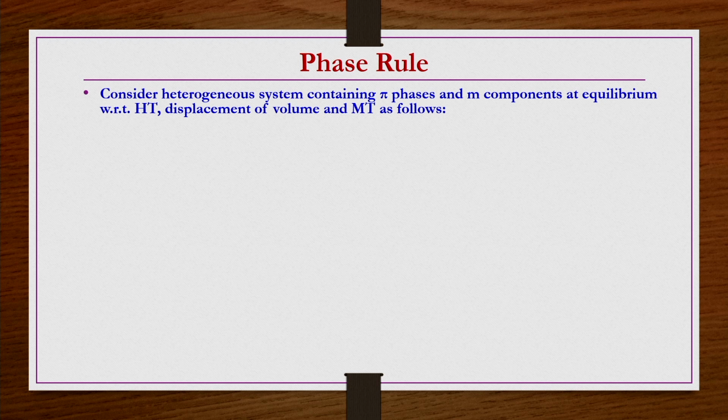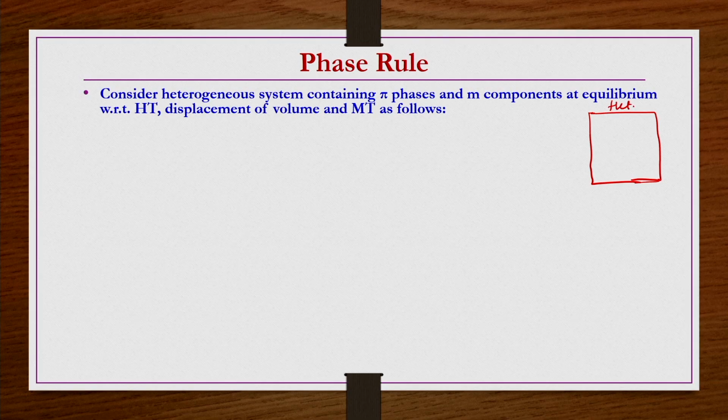We have a heterogeneous system which is a closed system, because we know that the equal chemical potential behavior, whatever we take, is valid only for a closed system. So, we take a heterogeneous closed system, but within this one we have several phases which are homogeneous.